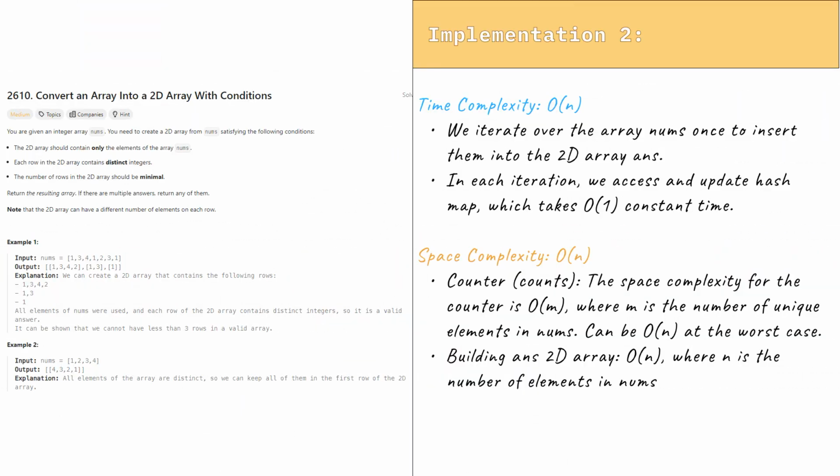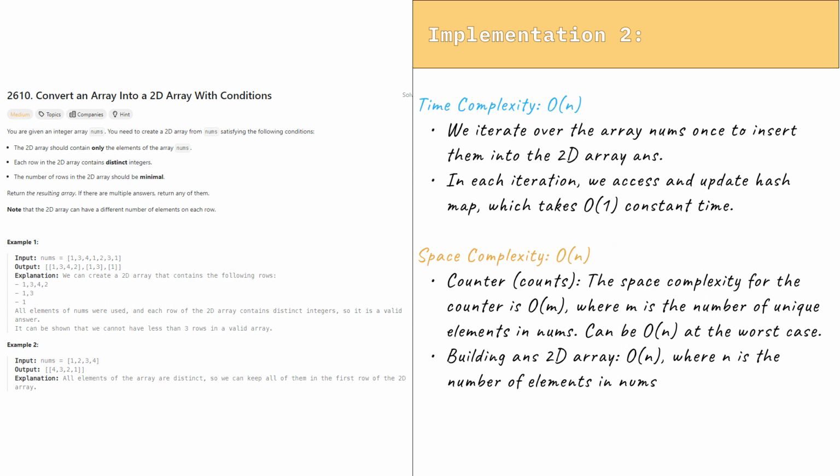The time complexity and space complexity for solution 2 is actually the same as solution 1. We use linear time complexity because we iterate over the array nums once to insert them into our answer 2D array. And also, in each iteration, we access and update the hash map, which takes constant time.